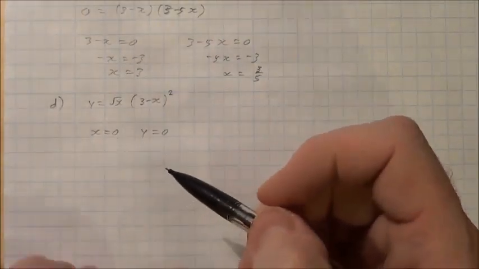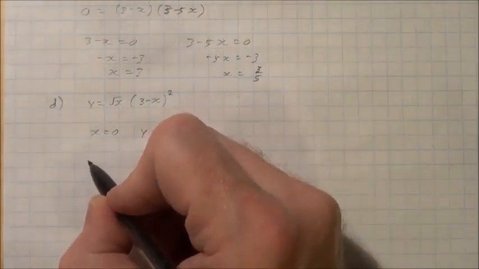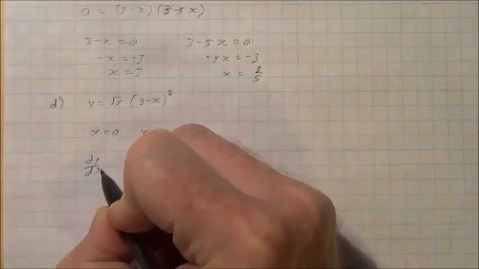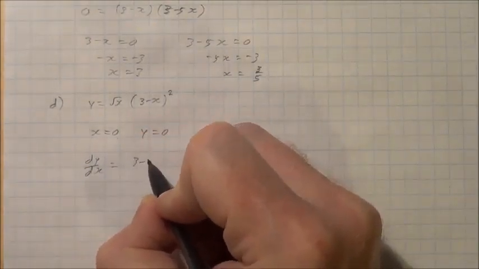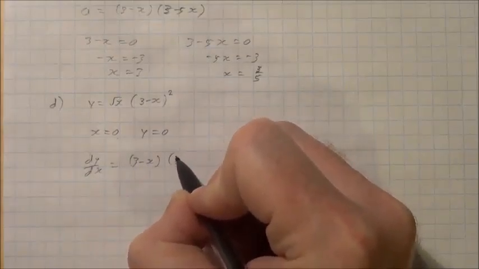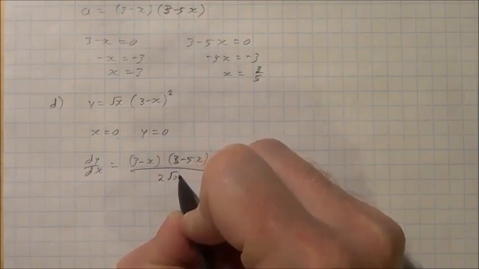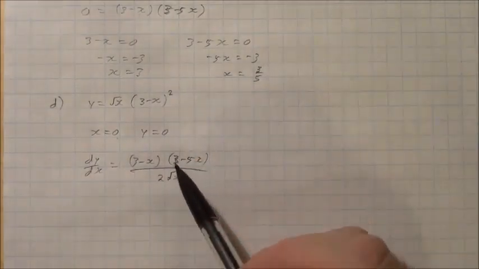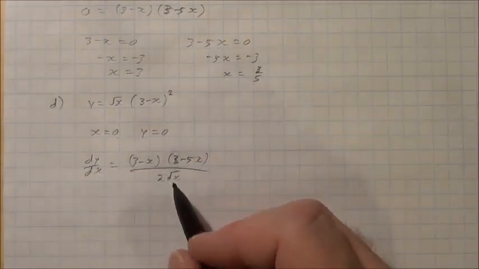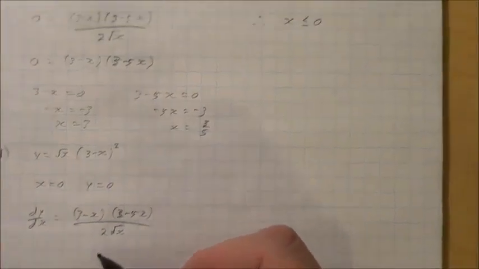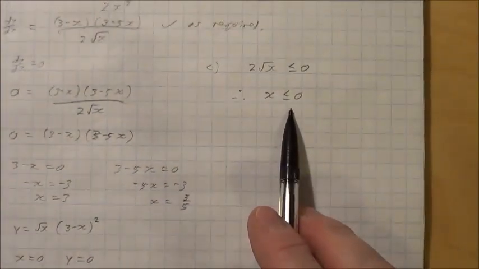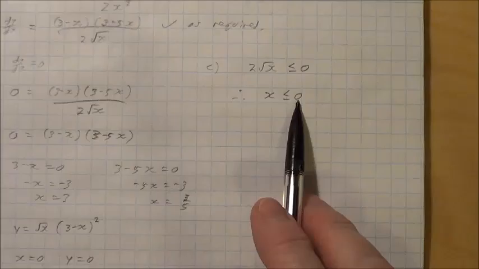The reason I chose 0 is that this stems from part C, where x less than or equal to 0 made the gradient function, 3 minus x, quantity 3 minus 5x, all over 2 root x, undefined.